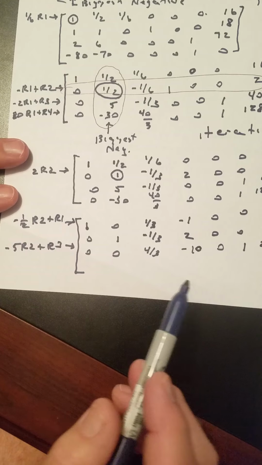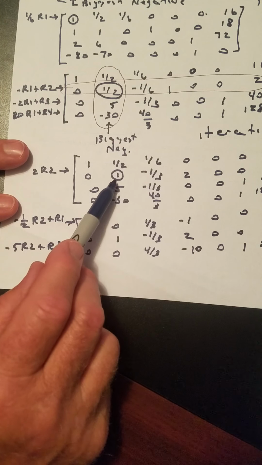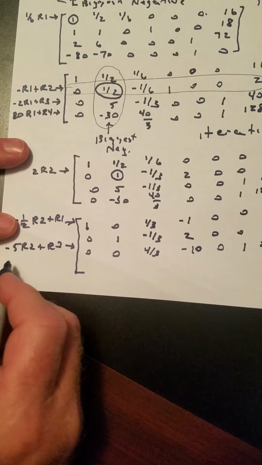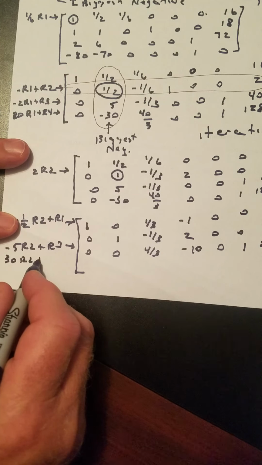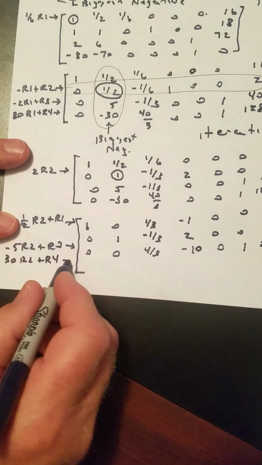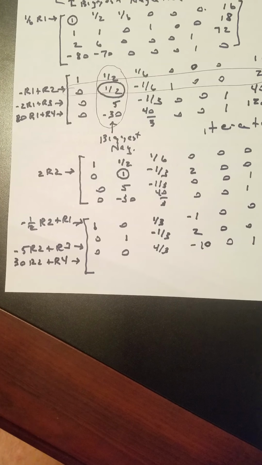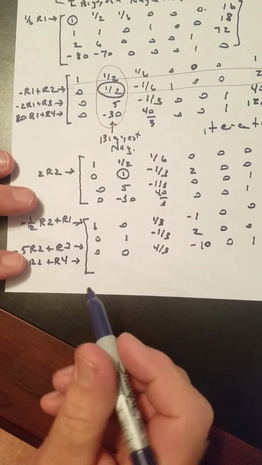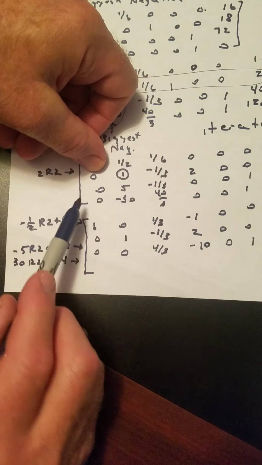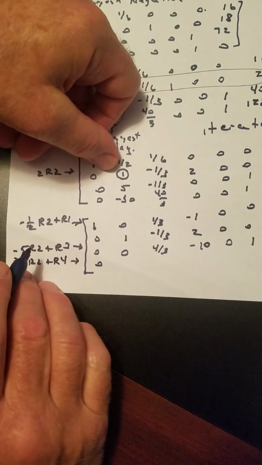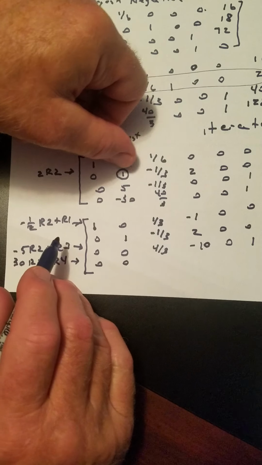Okay, then the last row, I want to get a 0 here, so I'm going to multiply 30 times row 2 plus row 4. Okay, so 30 times 0 is 0, plus 0 is still 0. 30 times 1 is 30, plus negative 30 is 0.